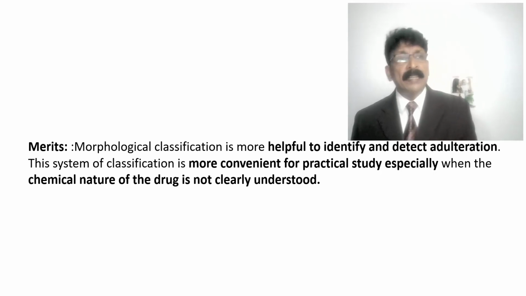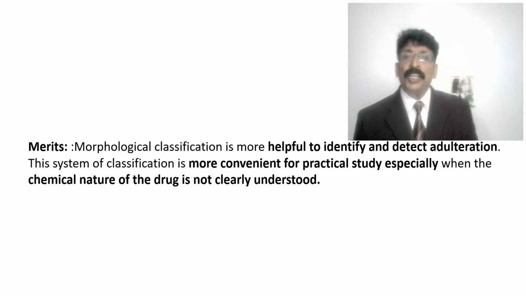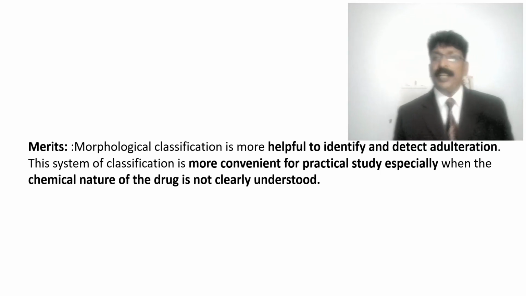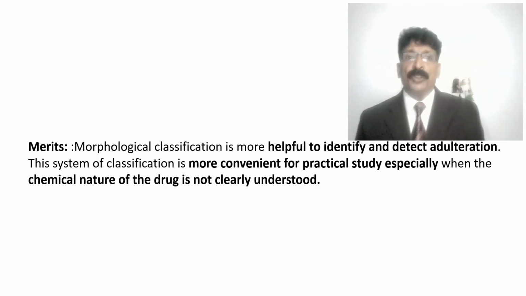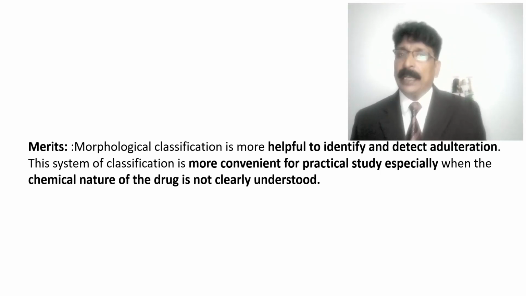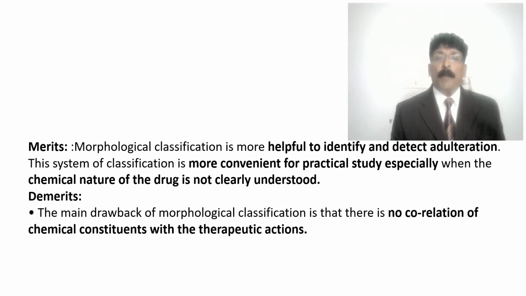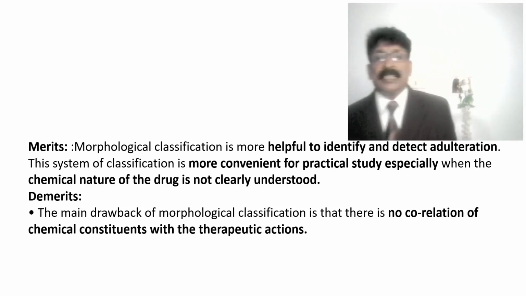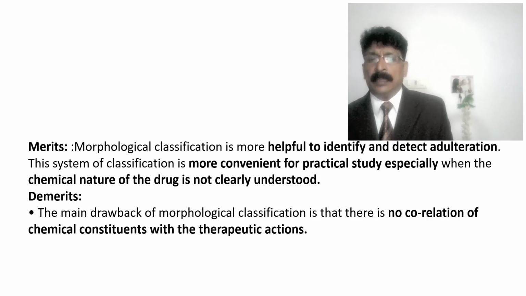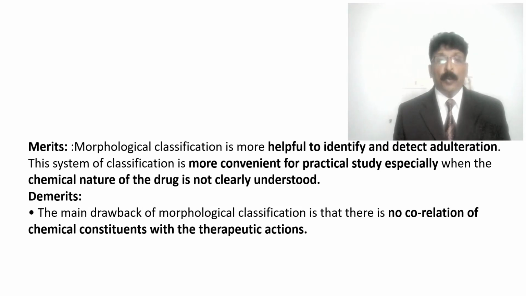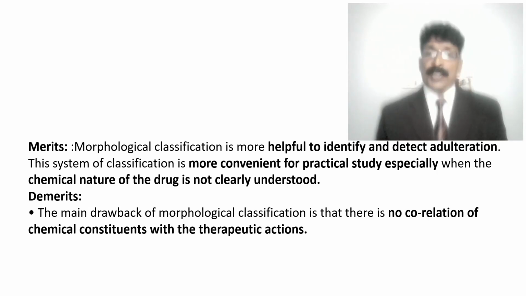This system of classification is more convenient for practical study, especially when the chemical nature of the drug is not clearly understood. But the demerit, the main drawback of morphological classification, is that there is no relation of chemical constituents with the therapeutic actions.